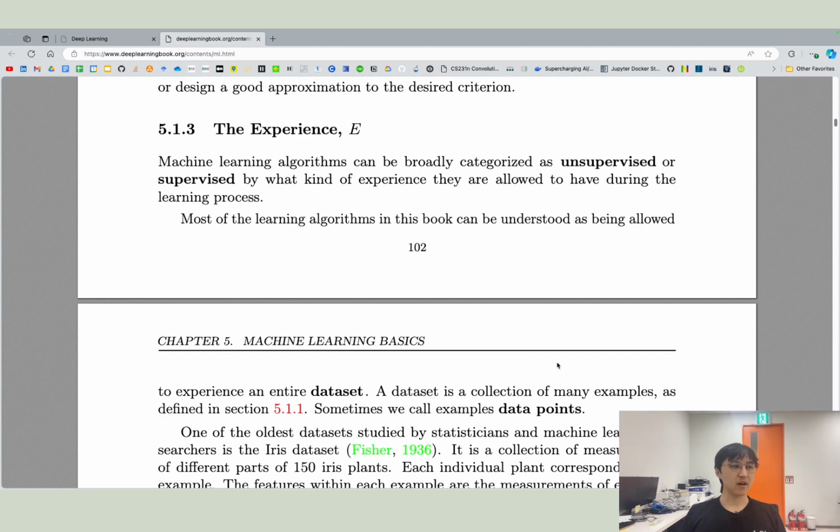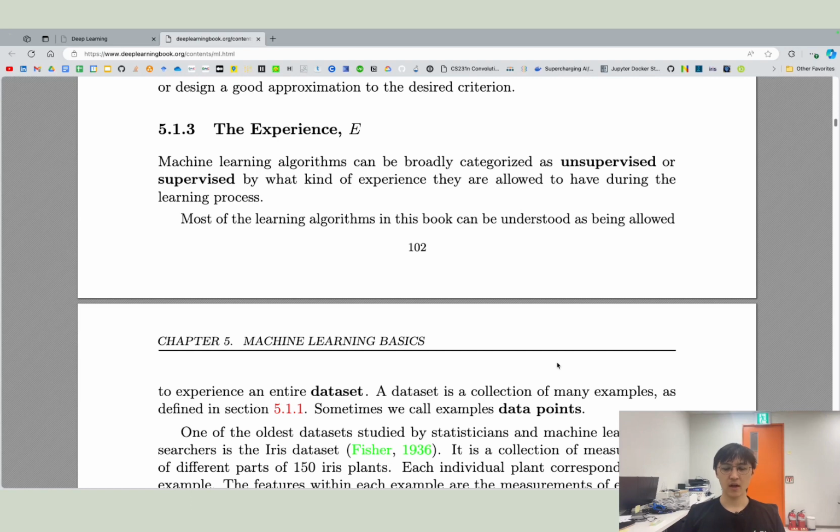For example, my father has maybe more than 20 years of experience in the medical field. So it means experience comes with years, right? We usually say like that. In terms of machine learning, can we say that a dataset is experience? Yes, we can say that.